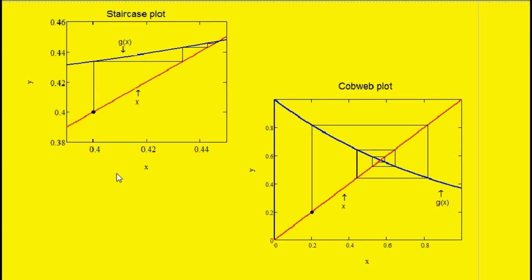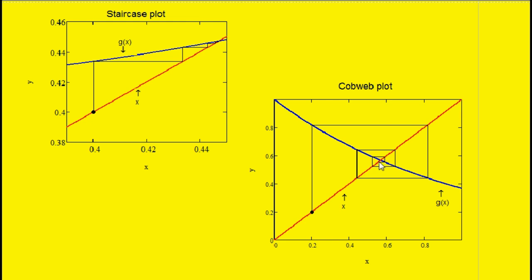As an aside, we should note that convergence doesn't always follow a staircase pattern. Depending on the shape of g of x, that is the function that represents the right-hand side of our iteration equation, the iteration steps can wind around the point of convergence, creating what is known as a cobweb plot.